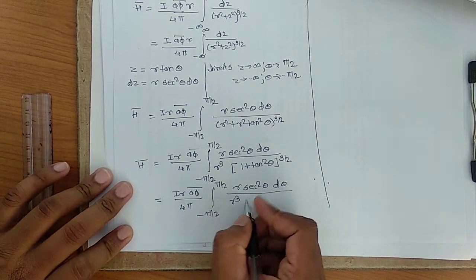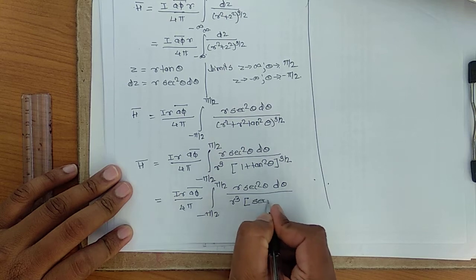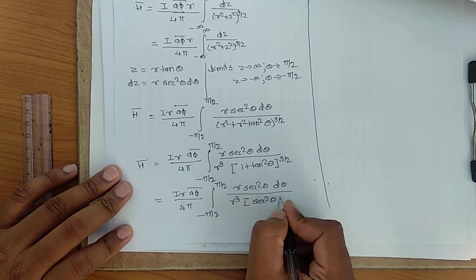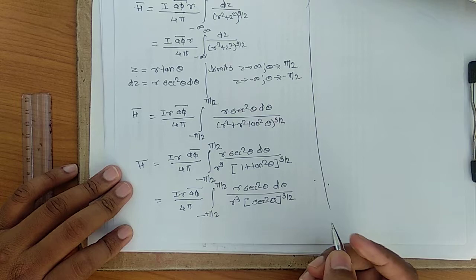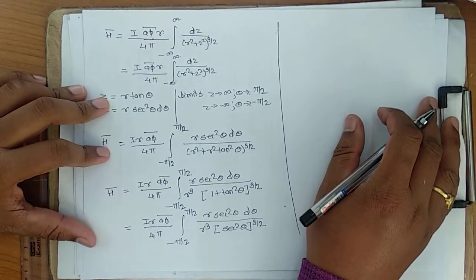Thus this r square (1 plus tan square theta) is sec square theta, raised to 3 by 2. Again we have to solve this.